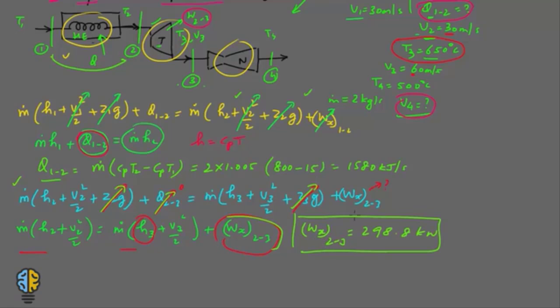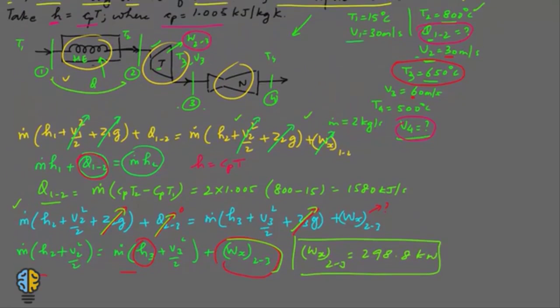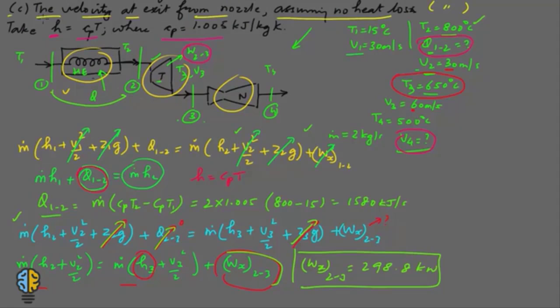So the trick is to write down the SFEE, and you should know which values to strike off in the question. Now the last case is to find the velocity at exit from the nozzle, again assuming no heat loss. So now I will apply the steady flow energy equation between point 3 and point 4.